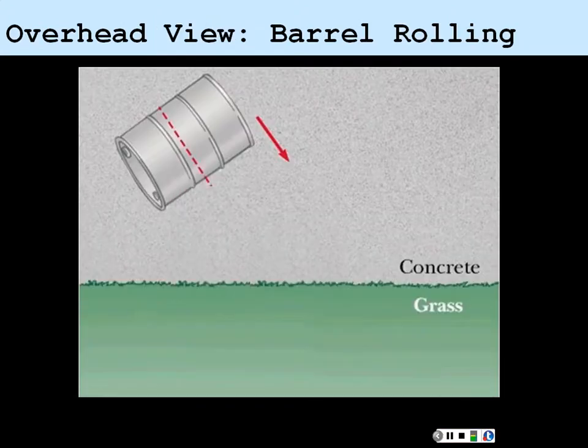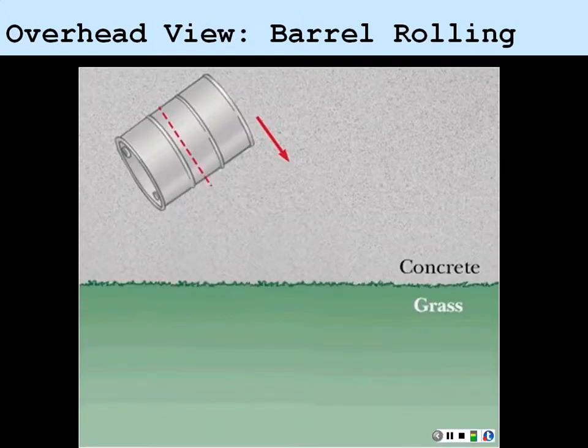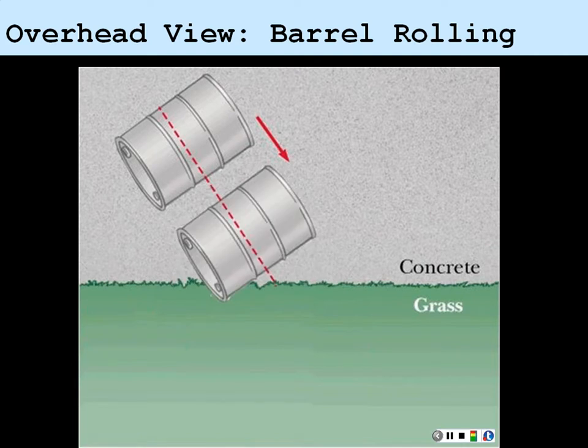Here's a mechanical example of what's going on here. If we think of this barrel as a wavefront, and the direction this barrel is moving as the ray, as it's moving across some concrete, it can move pretty fast in one direction, but when it hits the grass, one end of the barrel will start moving slower as it hits the grass, and that will cause the barrel to start turning.